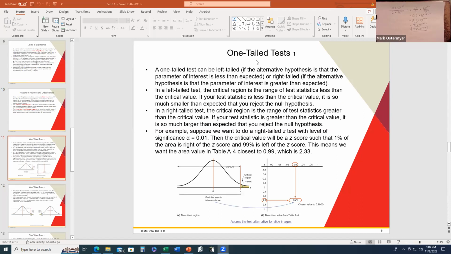A one-tailed test can either be a left tail test or lower tail test, or it could be a right tail test or upper tail test.